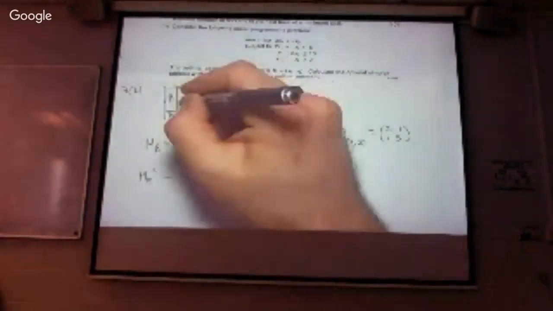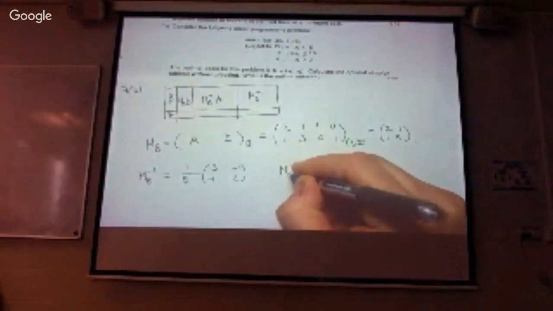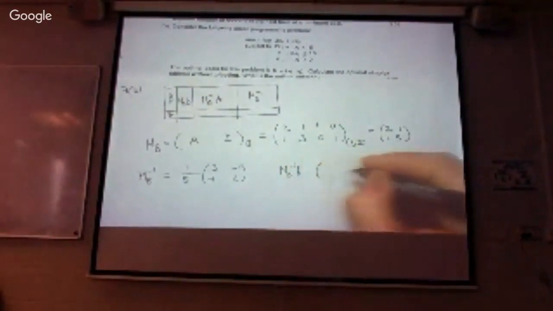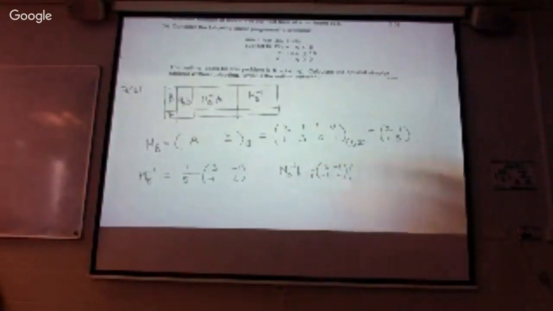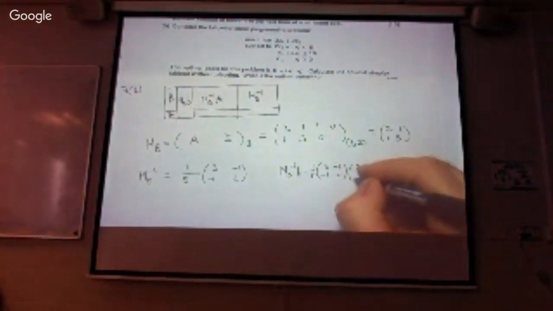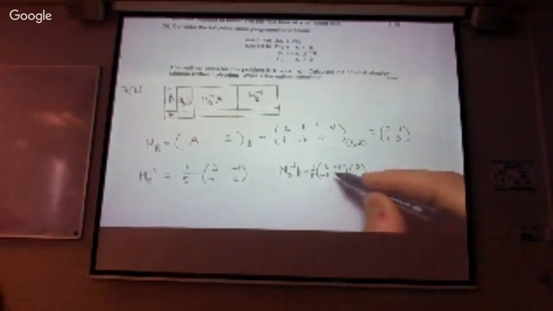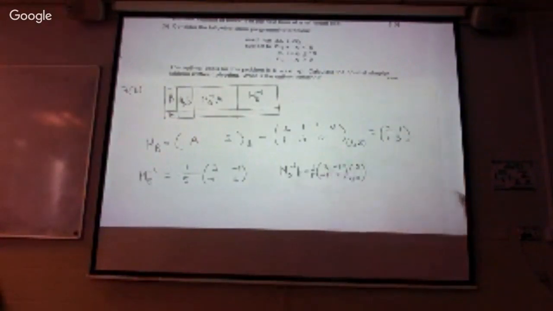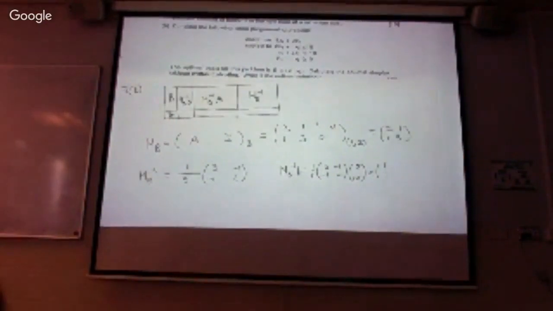This is MB inverse B. So 3, minus 1, minus 1, 2, and B is the right hand side, 5 and 10. It's like 1 and 2. 3 minus 2 is 1.